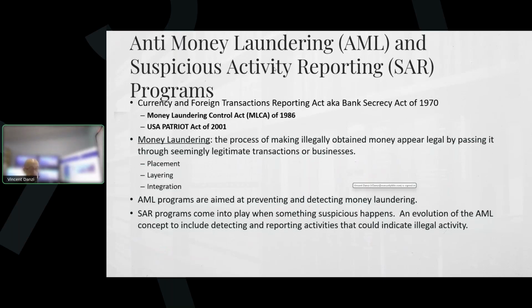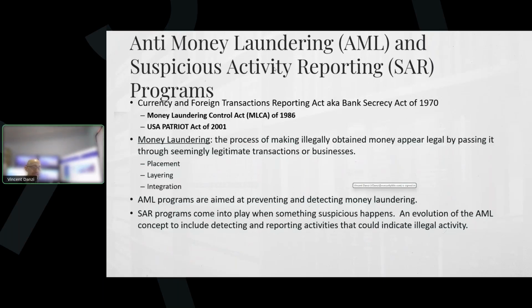And the reason for it was to try to combat what was at the time seen as a rising tide of money laundering crimes relating to converting money that was made illegally and passing it through seemingly legitimate transactions. Some people trace the term for money laundering back to Al Capone's mafia and his buying and operating laundromats.